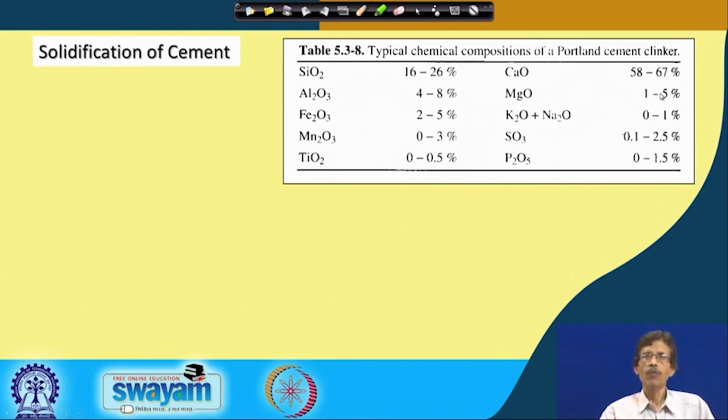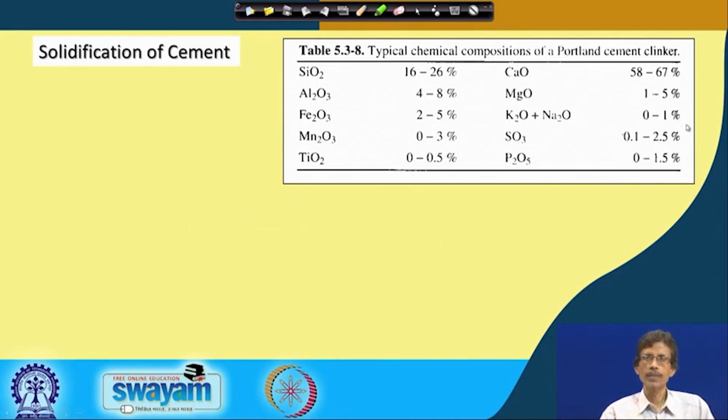Different companies make different varieties of cement by adding other things, such as manganese oxide, titanium dioxide, and potassium and sodium oxides at 0 to 1%.